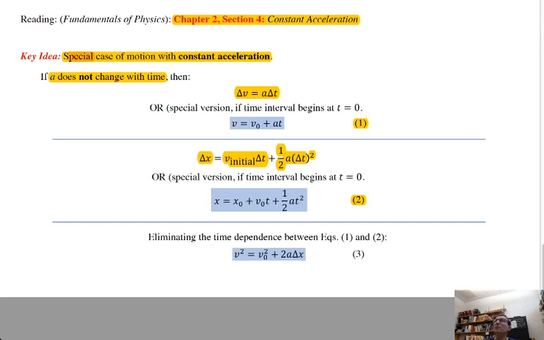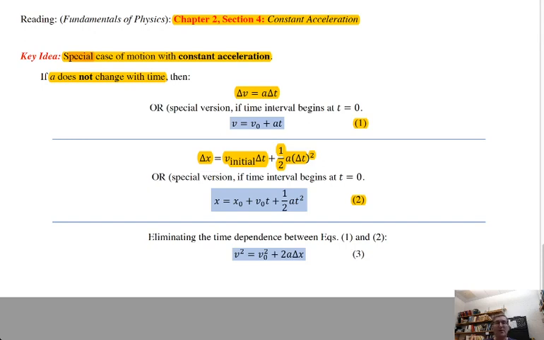And so now we have two useful equations that can be used to study the motion of a particle if we know the particle's acceleration is constant. One more of these that I'm going to talk about. Your book, by the way, if you read Chapter 2, Section 4, shows 5 equations, because you can derive more than the 3 here. But I have yet to find a problem in any physics textbook that I can't solve by using these 3.